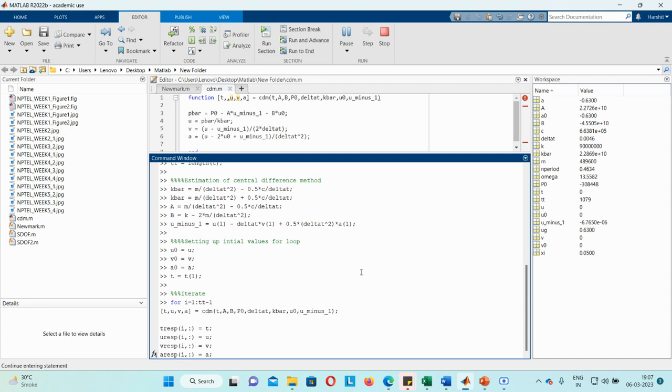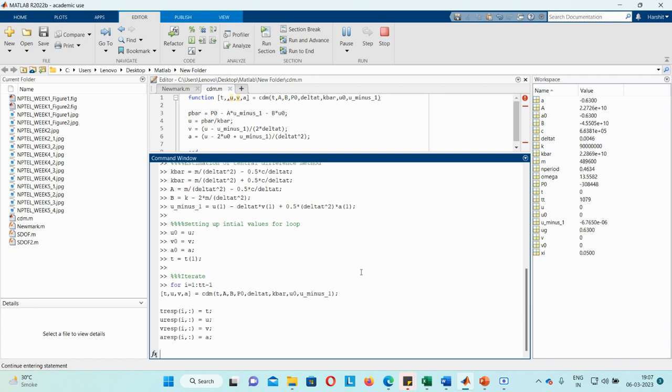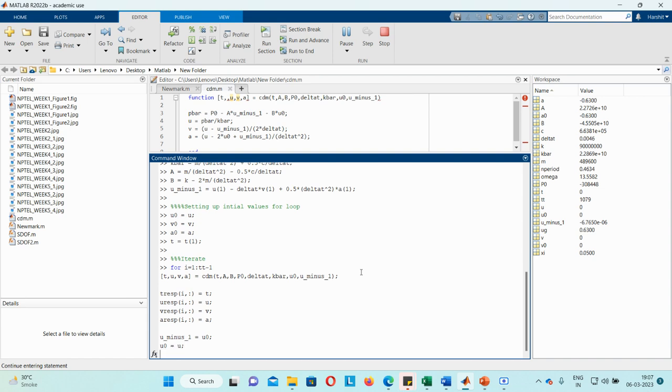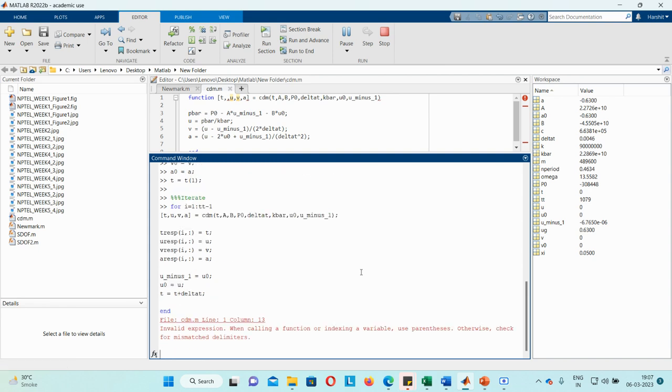Okay, so we are storing the response so that we can plot the function later on, and now we need to update the initial values. U minus 1 will be nothing but u naught now. U naught will become u, because u is u i plus 1, and t will be nothing but t plus delta t. Okay, so we can end the function.